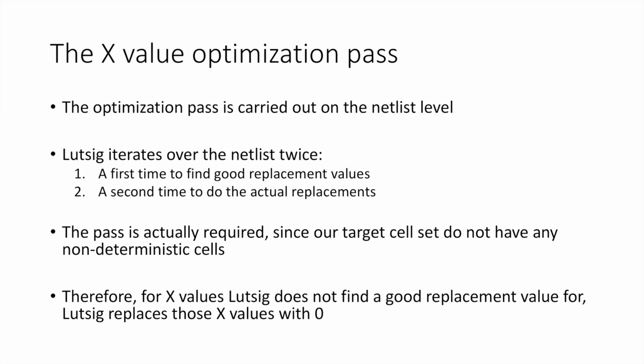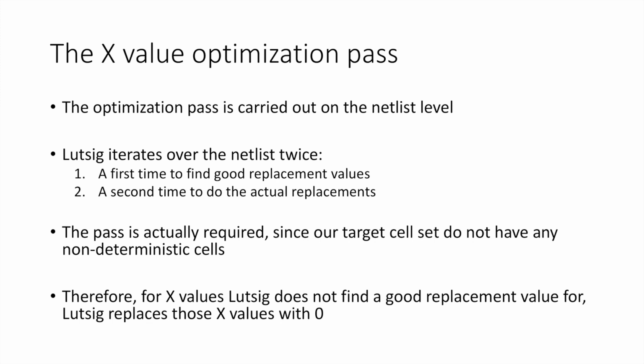And we also use this semantics in the optimization pass. And we do this optimization pass on the netlist level. And the pass is carried out in 2 stages. So first we go through the netlist to find good replacement values, such that we can optimize away muxes, for example. And then we do a second pass when we do the actual replacement and remove redundant cells.